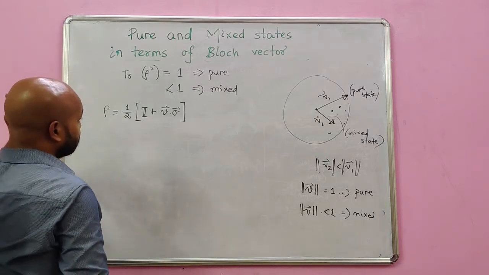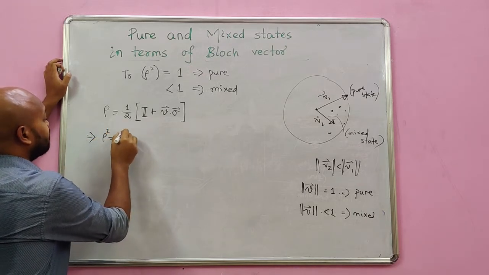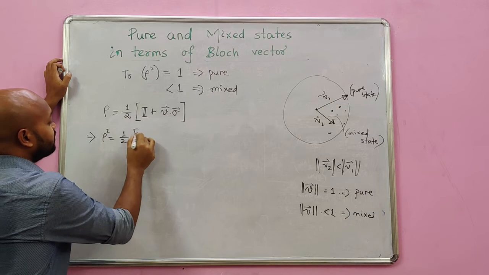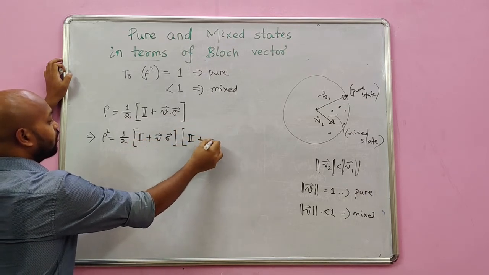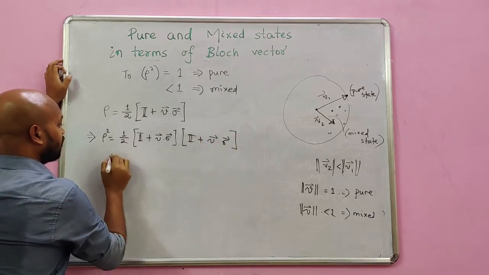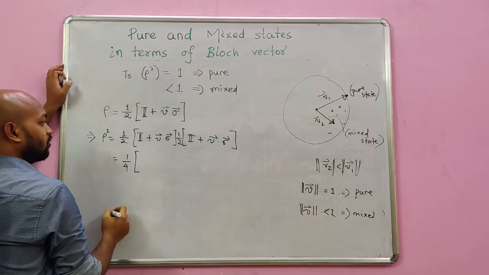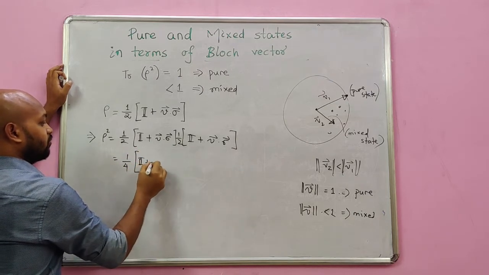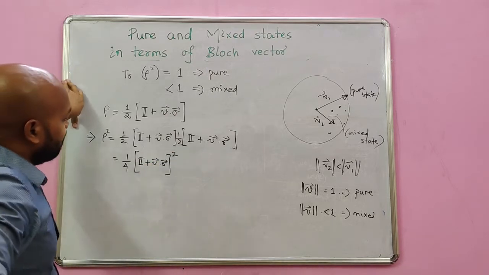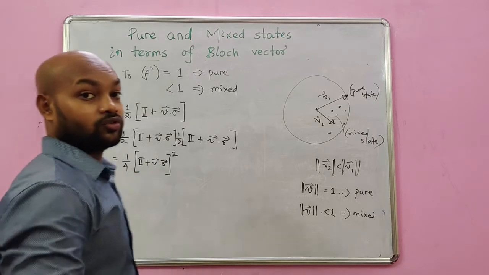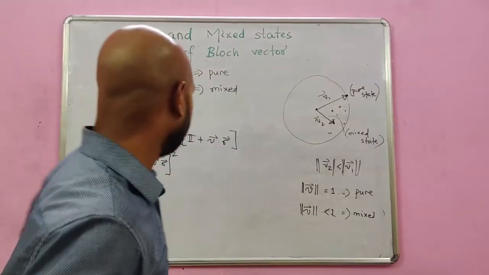So to square it, what we can do is multiply this thing twice. Another 1 by 2, so this becomes 1 by 4, and then identity plus V square. But then I don't know how a dot product would be squared. It seems difficult, but of course it is doable.